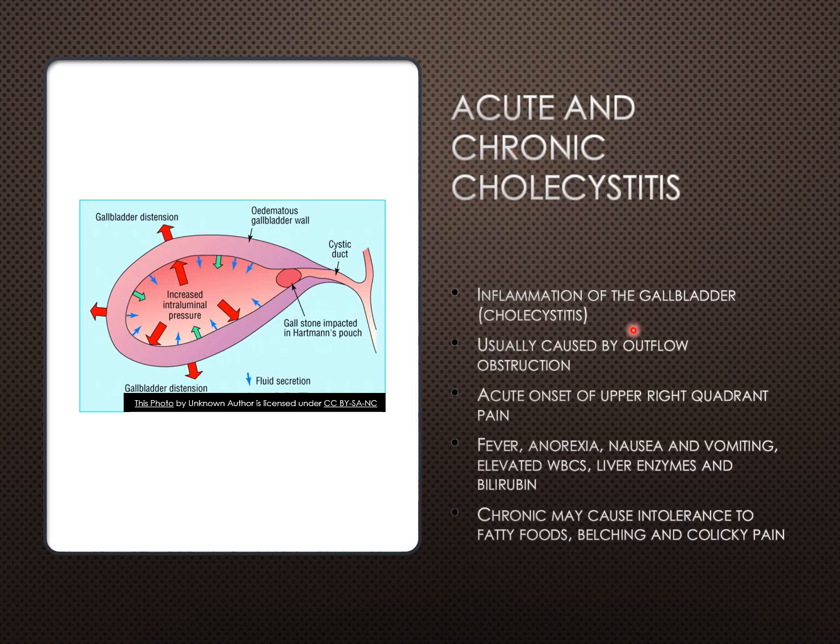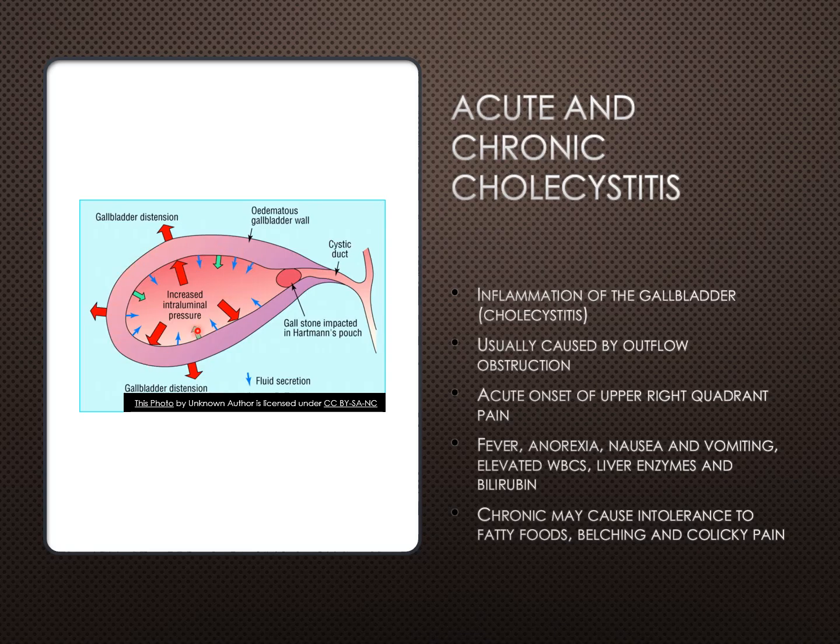Another potential complication, largely because of gallstones, is acute and chronic cholecystitis. So cholecystitis is inflammation of the gallbladder, and it's usually caused by outflow obstruction. So here's my little gallbladder, and I've got a gallstone that has lodged itself in the cystic duct, which provides the outflow of bile from the gallbladder.